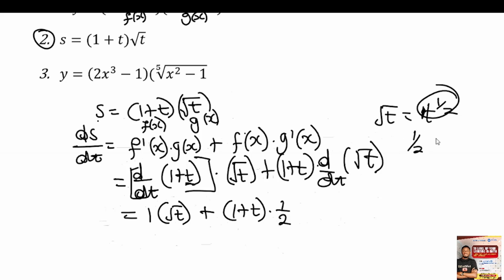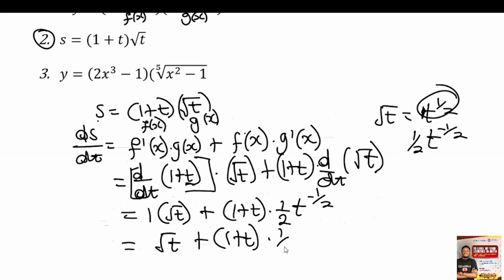So we are going to have 1 on 2 times t. Then we subtract 1 from the half. Then we have negative 1 on 2. Okay, so we are going to have 1 on 2 times t exponent negative 1 on 2. So when we multiply this, we are going to have root t plus then 1 plus t times 1 on 2 t exponent negative 1 on 2.